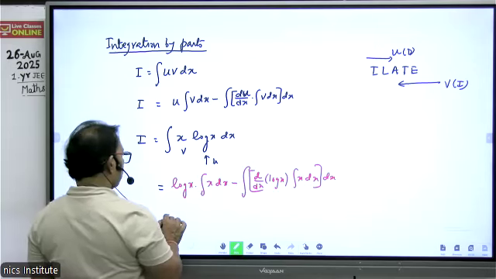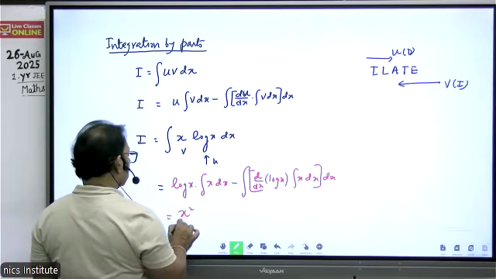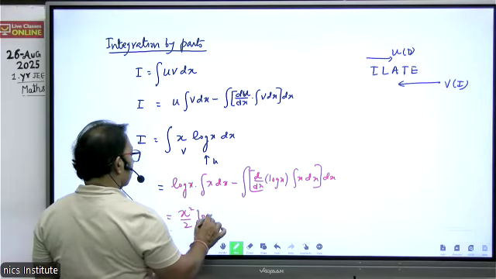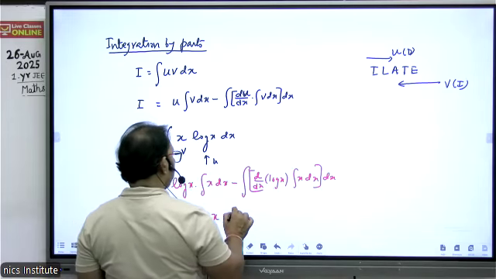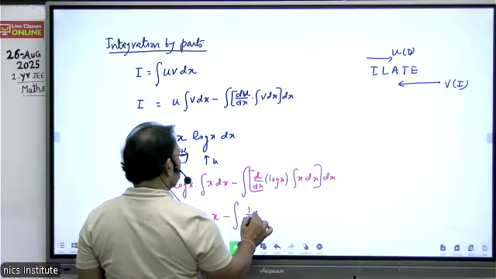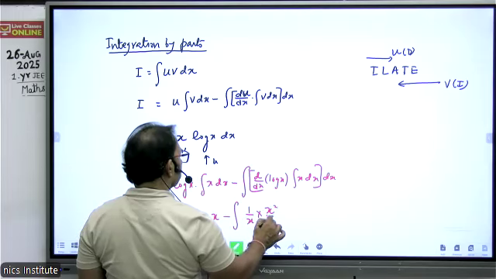So integration of x would be x square by 2 into log x. Derivative of log x is 1 by x. Integration of x is x square by 2.